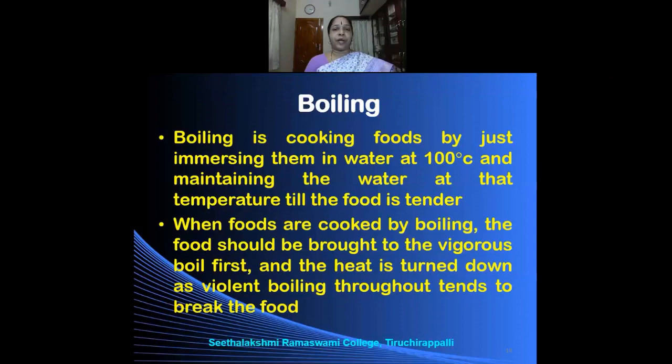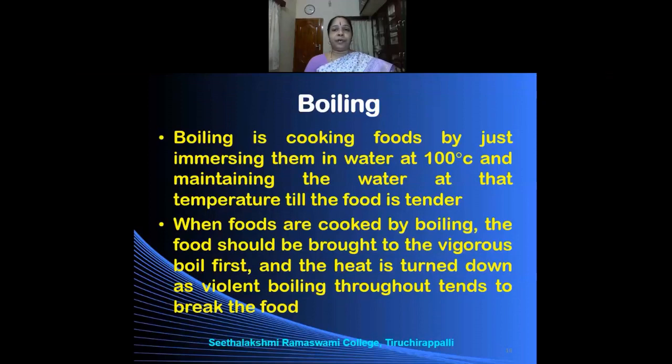This is the widely used method of cooking, and almost all households employ boiling for cooking different types of food. When food is cooked by boiling, it should be brought to a vigorous boil first, and the heat is turned down, as violent boiling throughout tends to break the food.